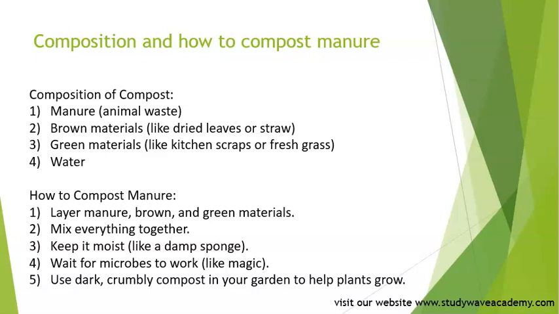Let it be like a damp sponge. Not too much water. You just add a little water, okay? Then you wait for the microbes to work like magic. They are the living things that will break down the material in your compost pile, okay? Then you keep it for a few months. Then it will be ready to be used.